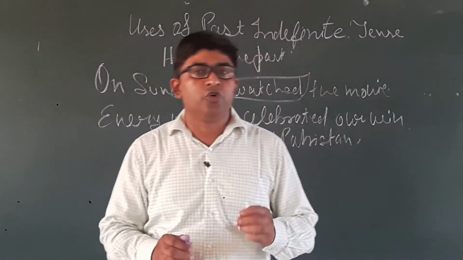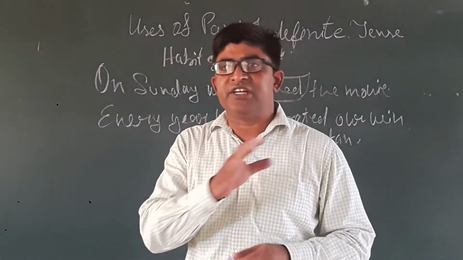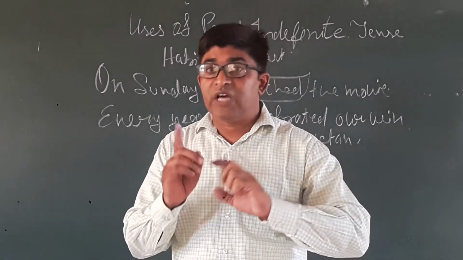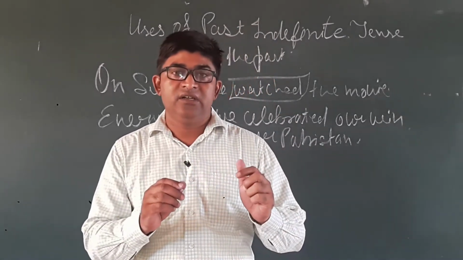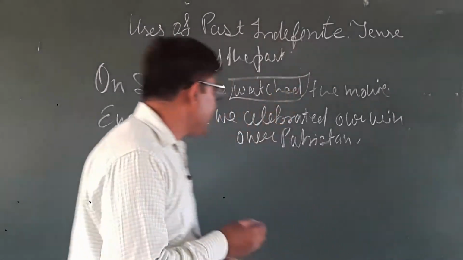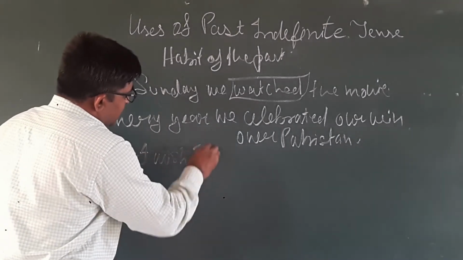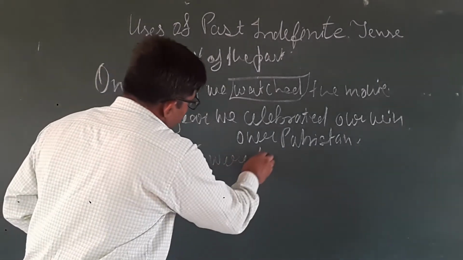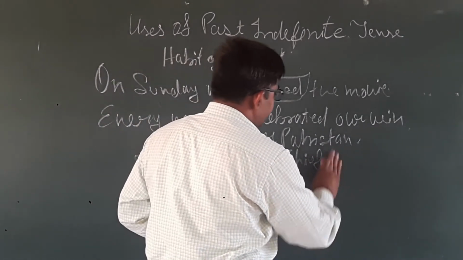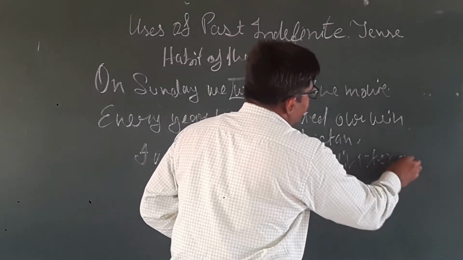Now let us move to the fourth use of past indefinite tense: in suppositional sentences, where you may express an action that may not be real. You can express it by using past indefinite. For example, I wish I were the chief minister of Delhi.